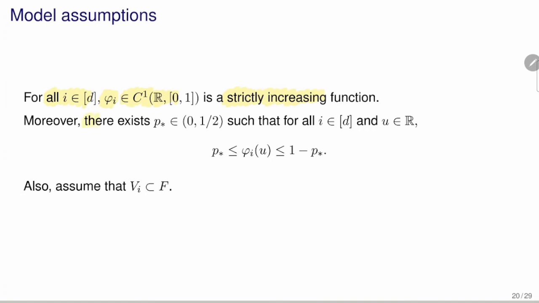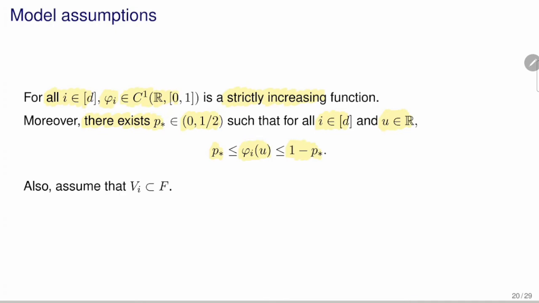There exists P star in (0, 1/2), such that for all I in 1D and for all U real number, phi I of U is between P star and 1 minus P star.